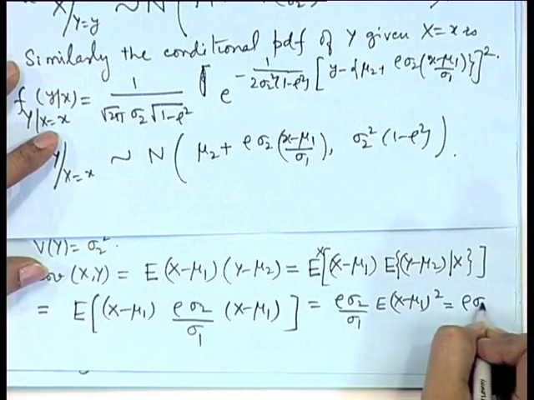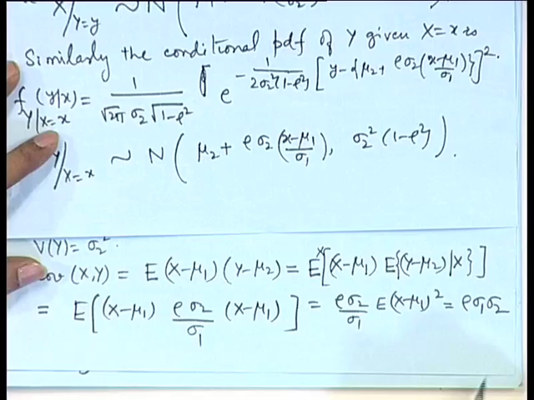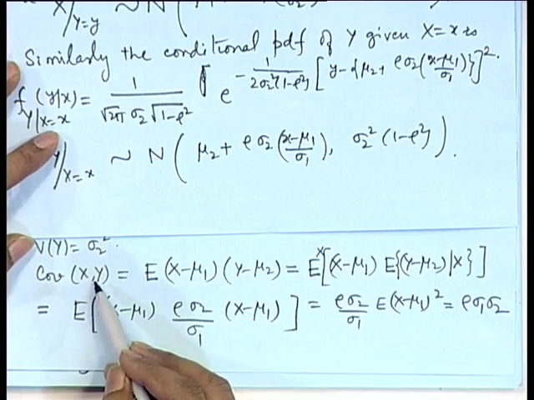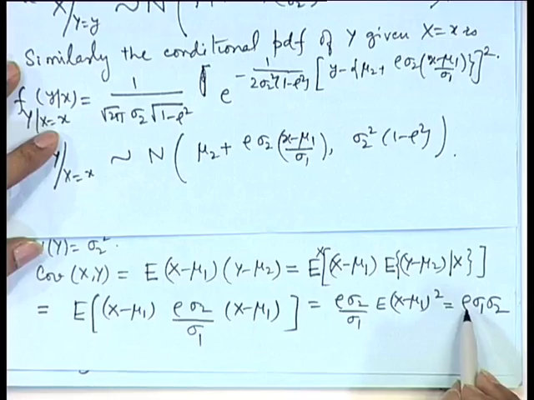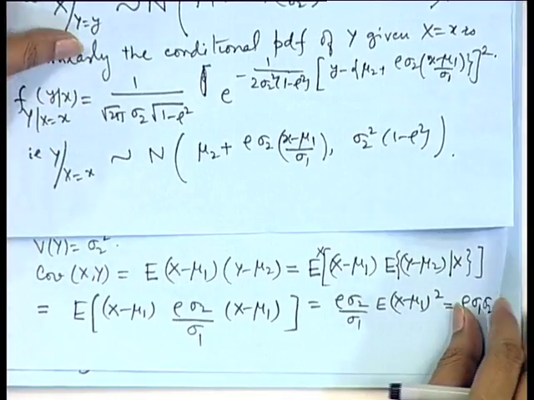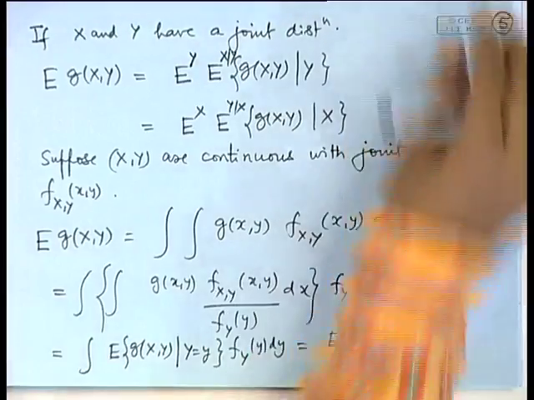So, it is rho sigma 1 sigma 2. So, we conclude that the covariance of x y in a bivariate normal distribution is given by rho sigma 1 sigma 2.